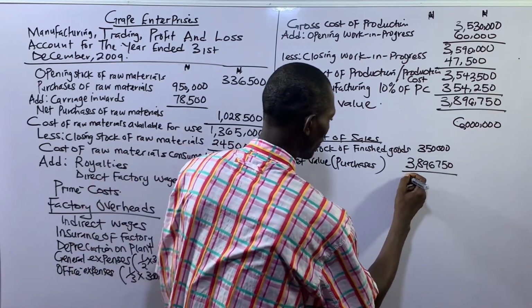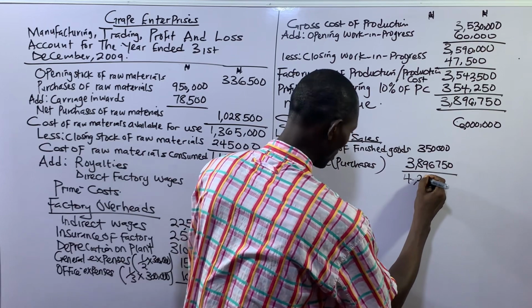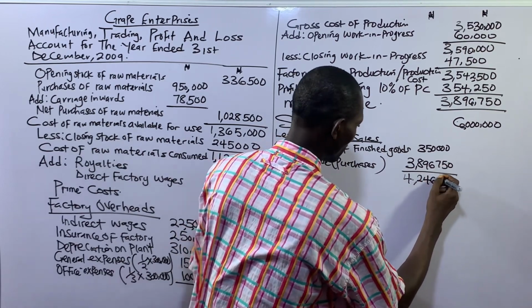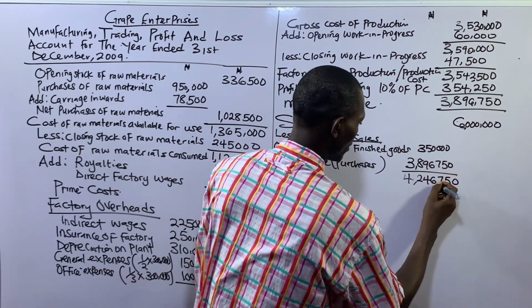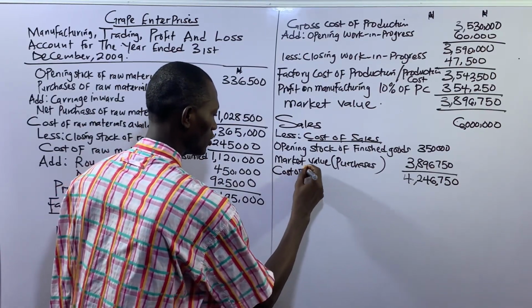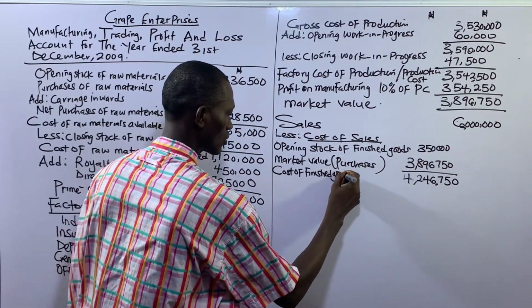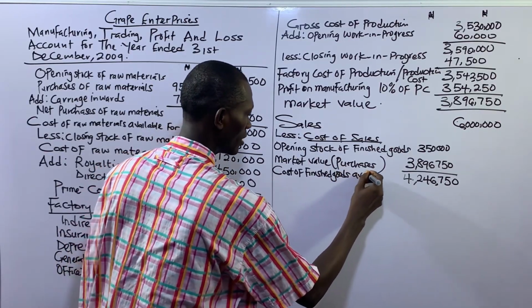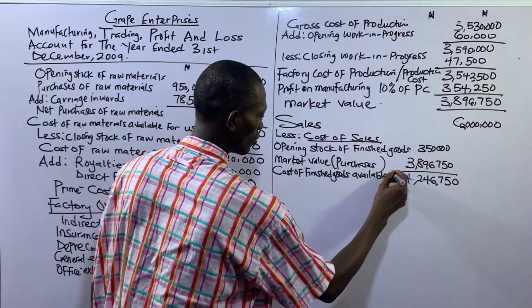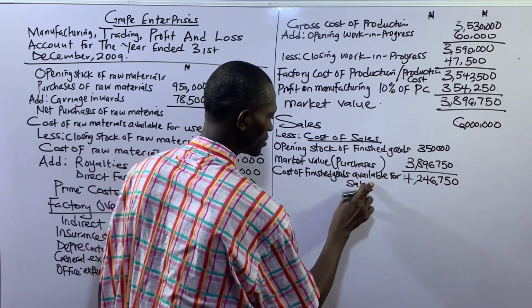So that gives us 4,246,750. So this is cost of finished goods available for sale. So finished goods are for sale.